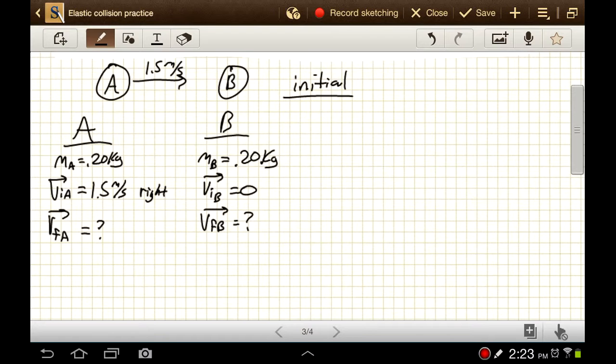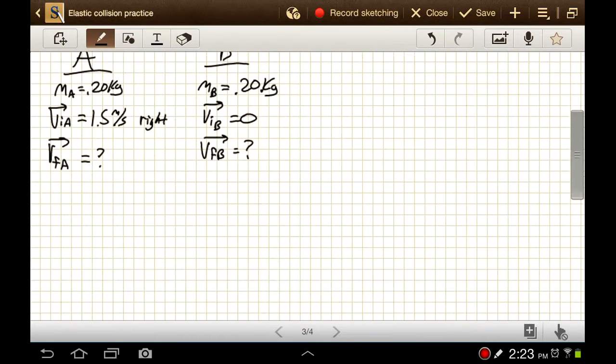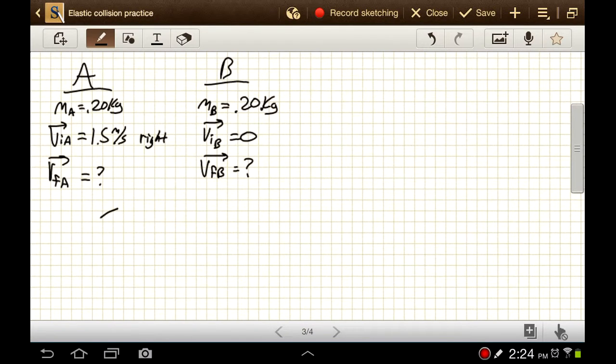So again, we set up 2 equations, one with conservation of momentum and one with conservation of kinetic energy. So with momentum, the total initial momentum equals the total final momentum. So it's the same setup as the last problem we did, so I'll go ahead and skip the step of writing everything out with its variables.